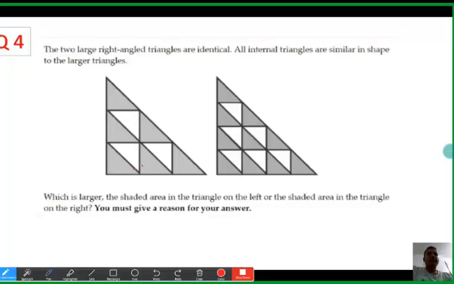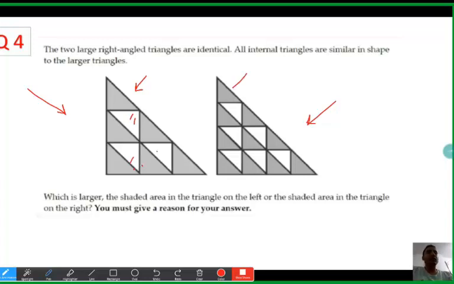The two large right-angled triangles are identical. All internal triangles are similar in shape to the larger triangles. That means this triangle is the same area as this triangle, A1 equals A2, and all shaded triangles in this triangle equal the unshaded triangles.